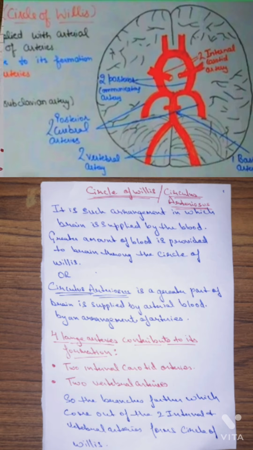In the diagram you can see the branches coming out of the vertebral arteries and the internal carotid arteries. These branches are responsible for forming the circle of Willis in our brain, through which blood is supplied to our brain.